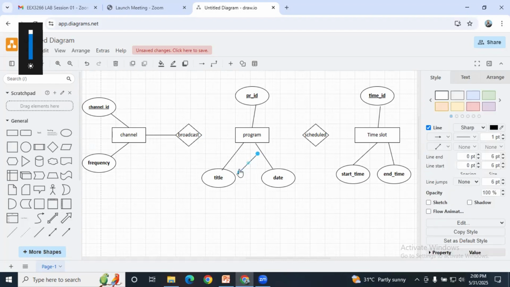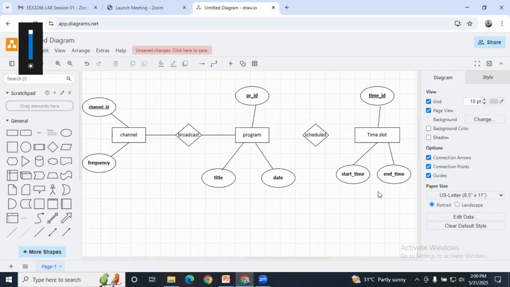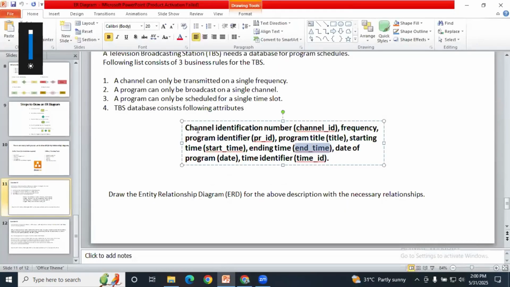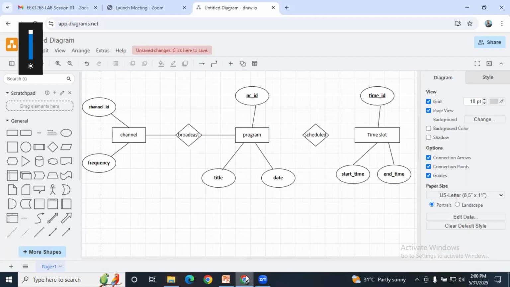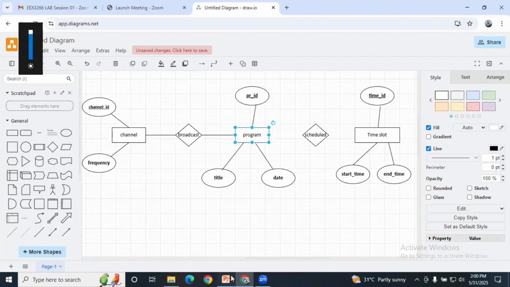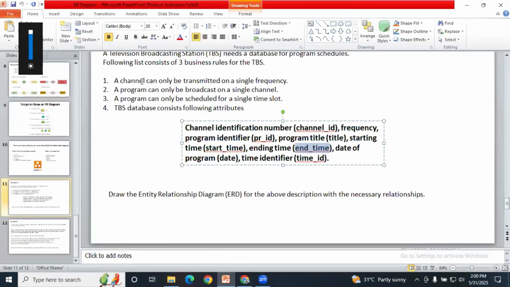And another solid line here and here. Okay. So in here, they are saying a program can only be broadcast on a single channel.